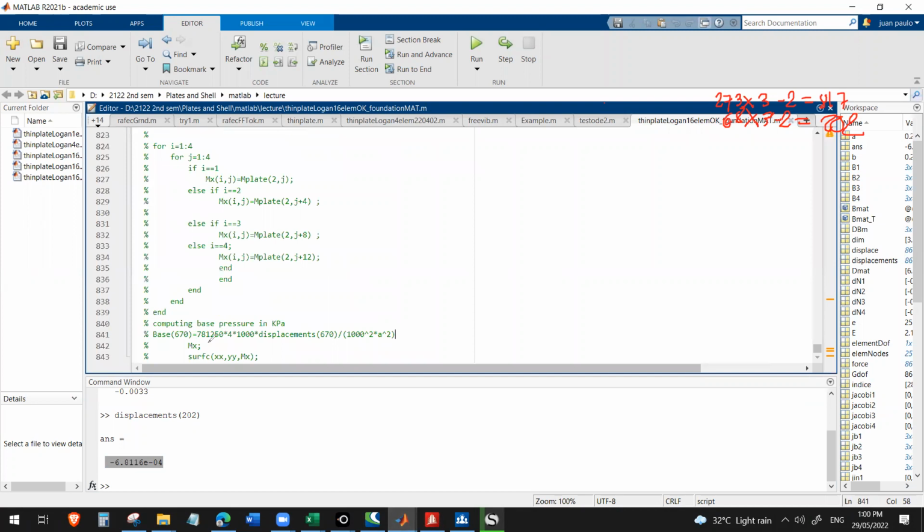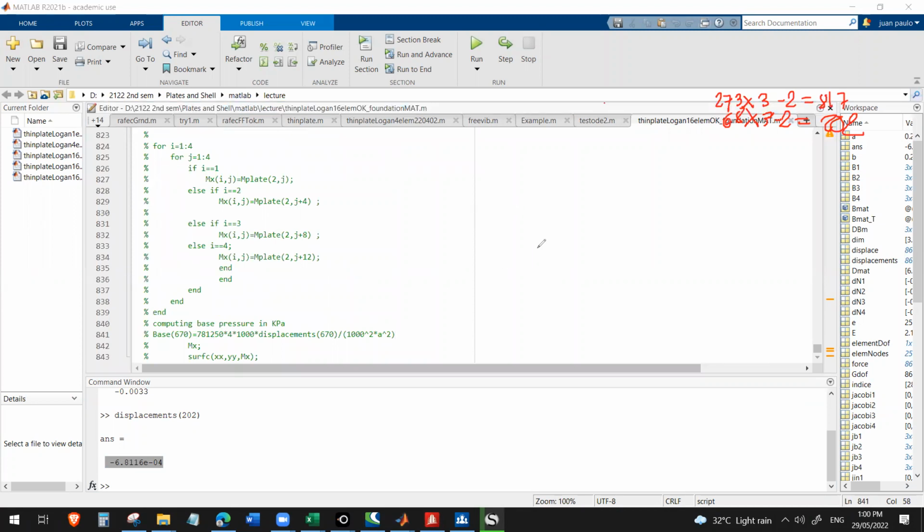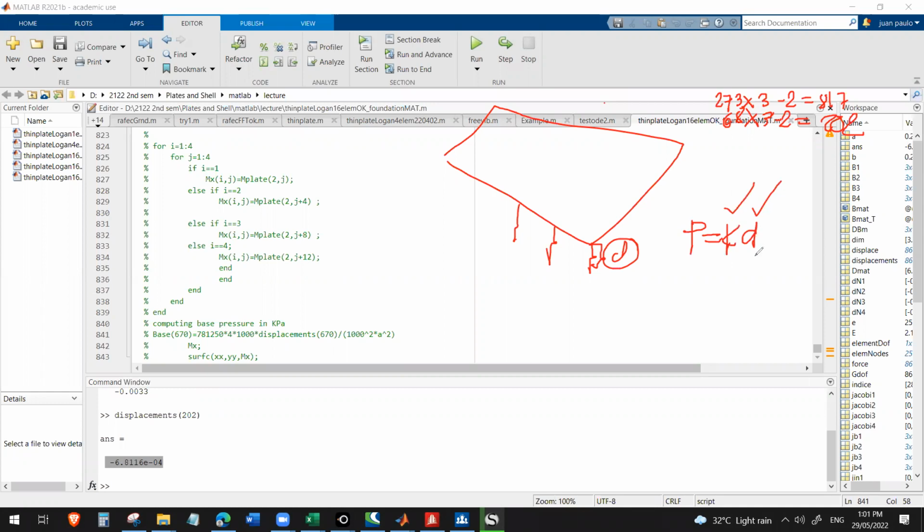So, you can imagine if this is the whole mat foundation, we have springs, and with the corresponding displacement that we already got, remember the simple formula: you know the displacement, you know the stiffness, you can get the force of the spring.